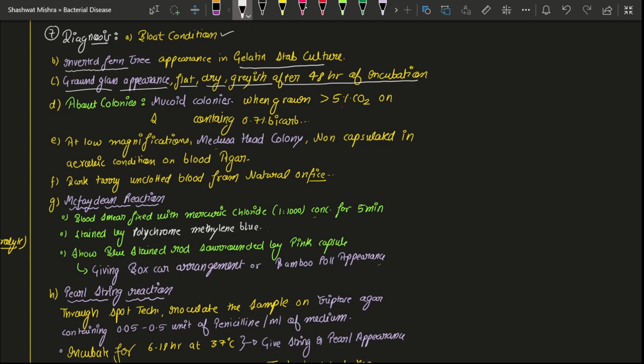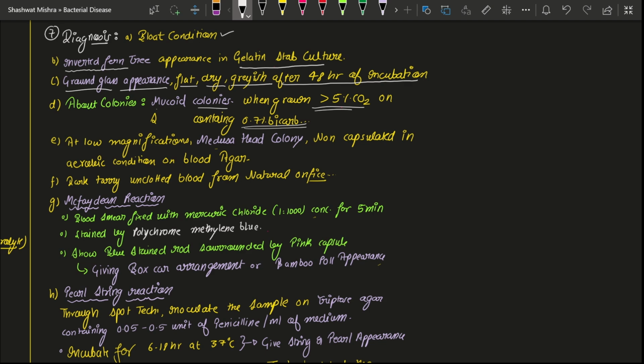Now, about the colonies: there is formation of mucoid colonies when grown on a medium containing more than 5% CO2 and 0.7% bicarbonate. If the bacteria is anthrax, it is going to form mucoid colonies when grown on media containing more than 5% CO2 concentration, and in addition 0.7% bicarbonate.